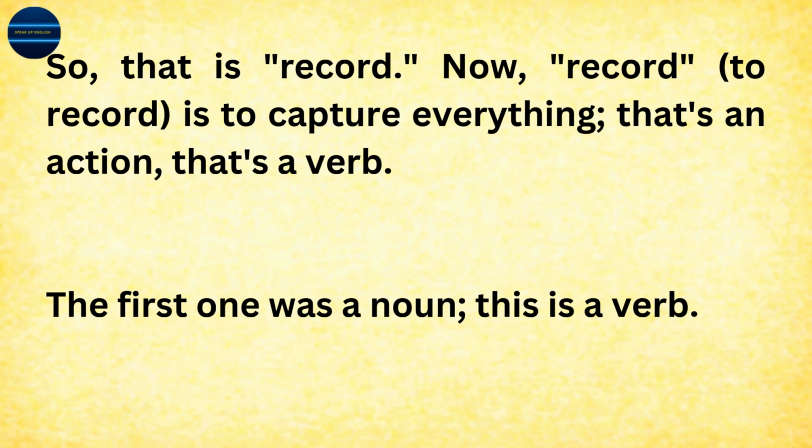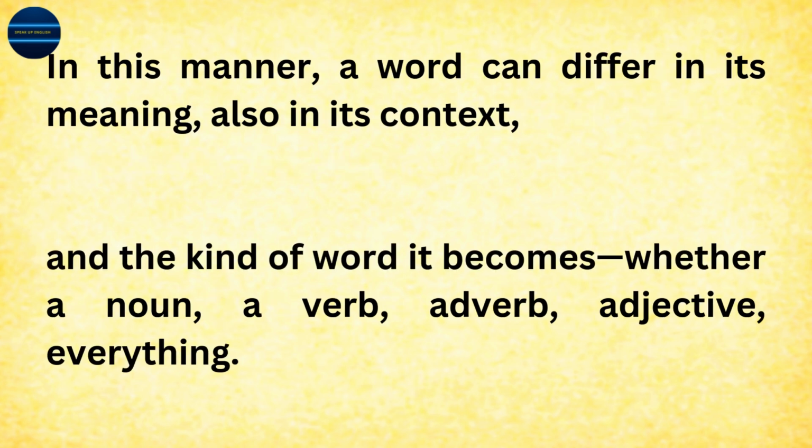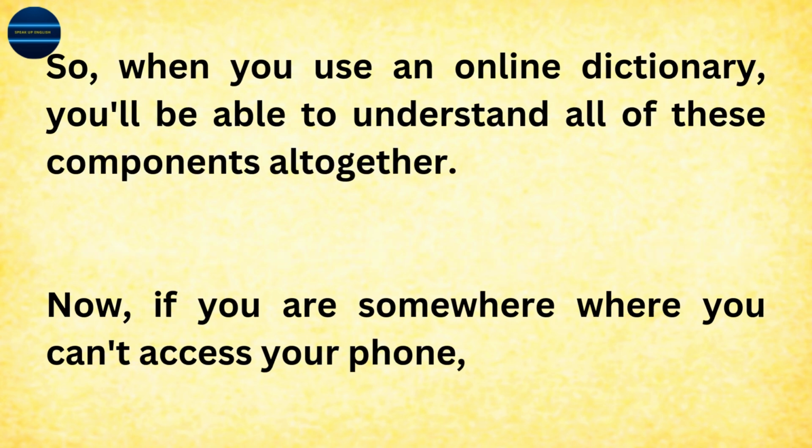This is a verb. In this manner, a word can differ in its meaning, also in its context, and the kind of word it becomes, whether a noun, a verb, adverb, adjective, everything. So, when you use an online dictionary, you'll be able to understand all of these components altogether.